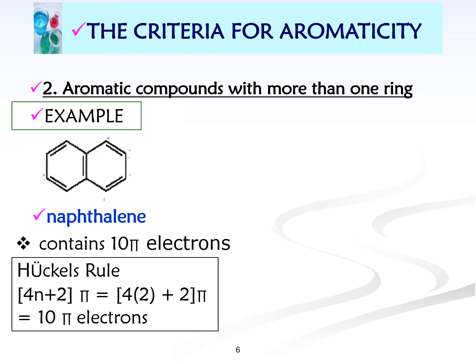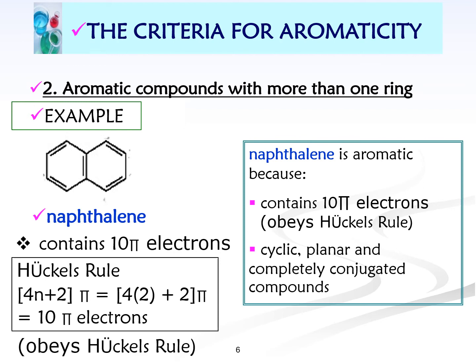For naphthalene, we find that n is equal to 2, which is a positive integer. The rule is met and it obeys Huckel's rule. Naphthalene is aromatic because it contains 10 pi electrons, obeys Huckel's rule, and is cyclic, planar, and completely conjugated.